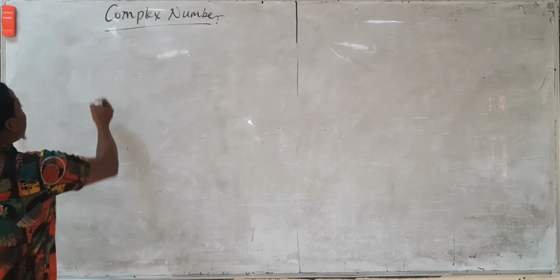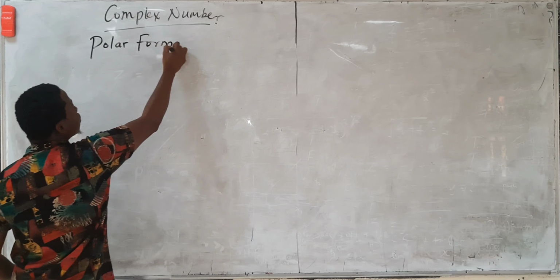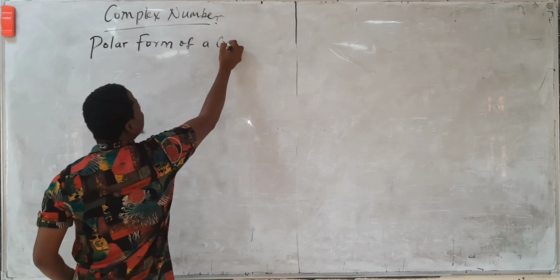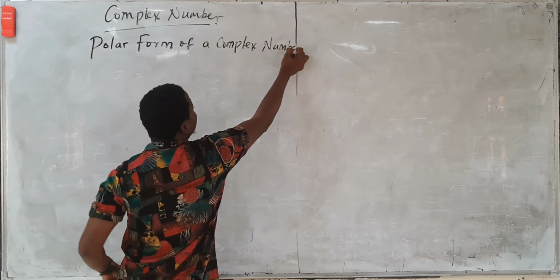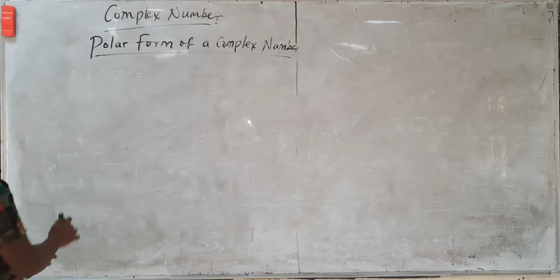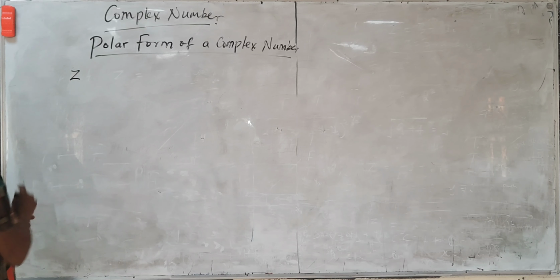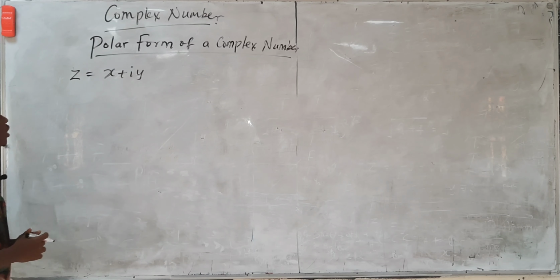So we want to discuss the polar form of a complex number. Now, recall that by standard notation, a complex number z is denoted as x plus iy.